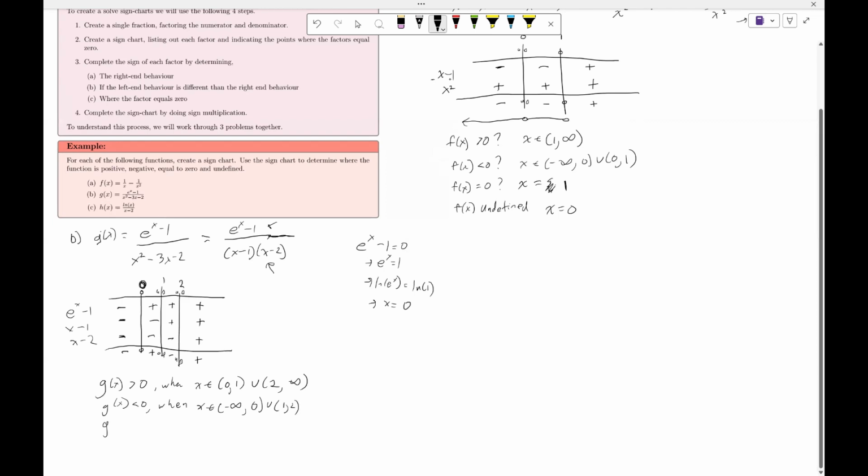G of x equals 0 when x equals 0, and g of x is undefined when x equals 1 or 2.